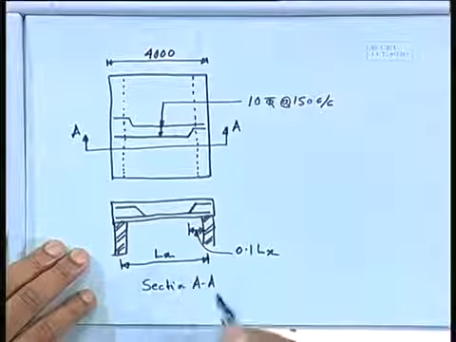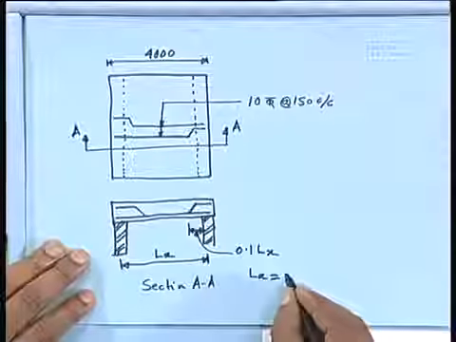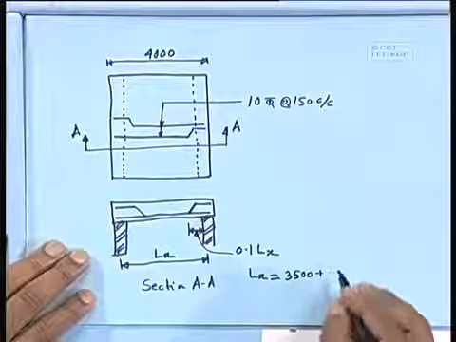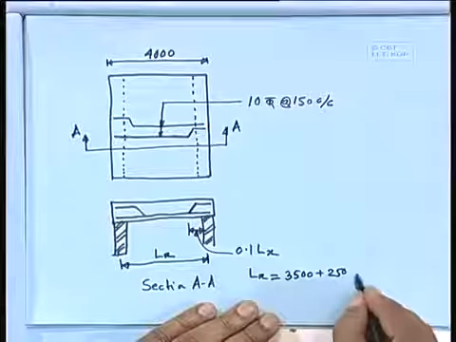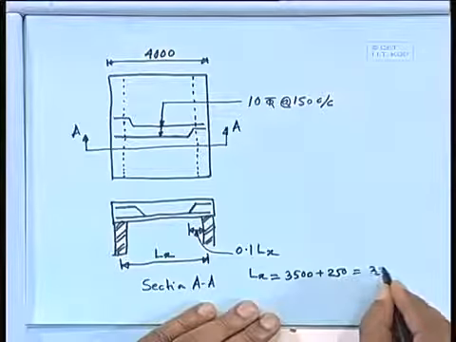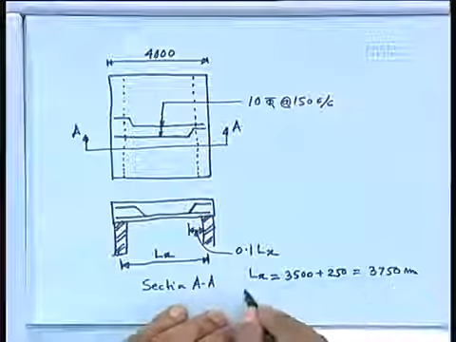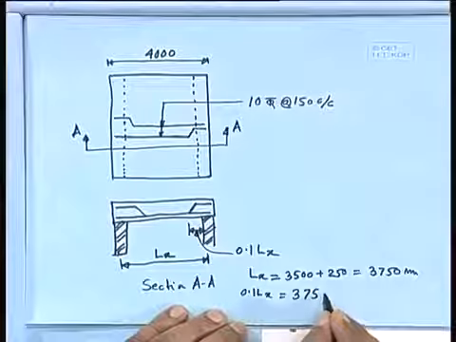So, in our case, Lx equal to 3500 plus 250 center to center, which comes as 3750 millimeter. So, 0.1 Lx equal to 375 millimeter.